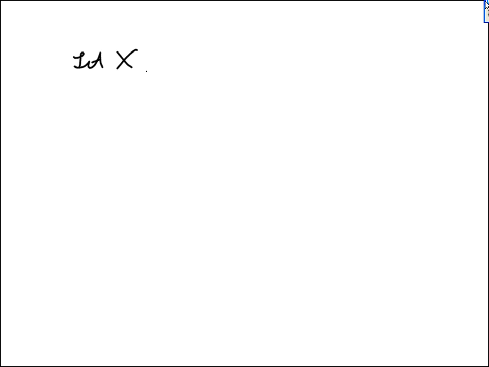Let X be a 1 by n matrix. Once one of the dimensions, row or column, is 1, you know it's either a row or a column matrix. Remember, it's always rows by columns.